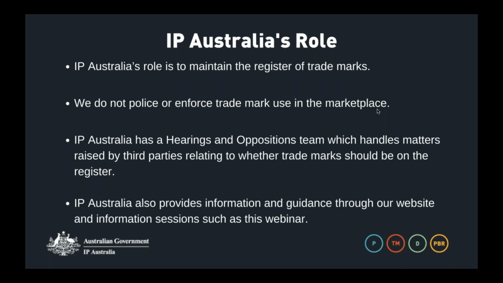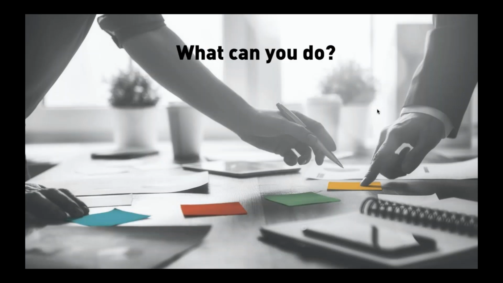However, these concerns must be raised by you, and any concerns must be dealt with within the legislated timeframes. Details on the opposition process were covered in our previous webinar in August, which you can find on our website. Again, we do not arbitrate infringement matters from the marketplace, and any further activity to avoid other marks becoming registered must be initiated by you.